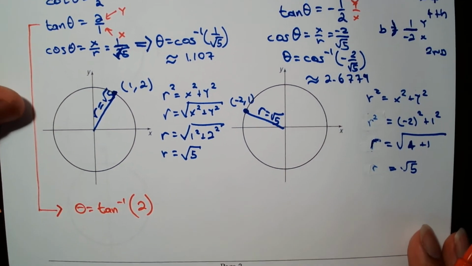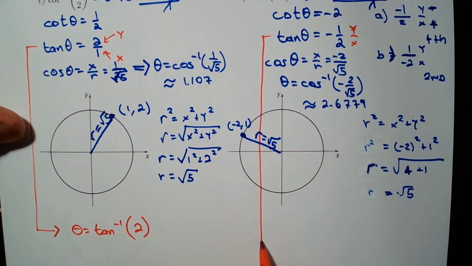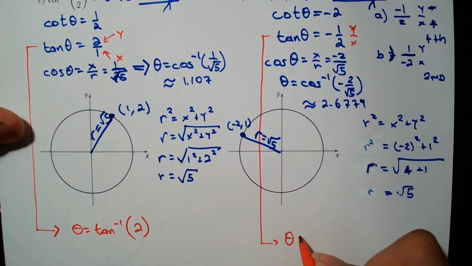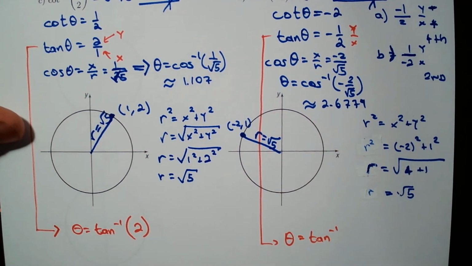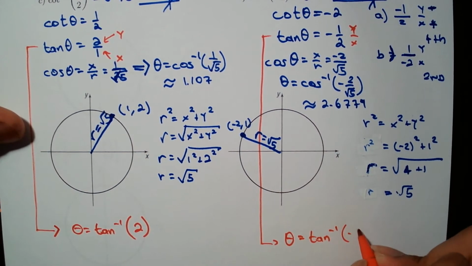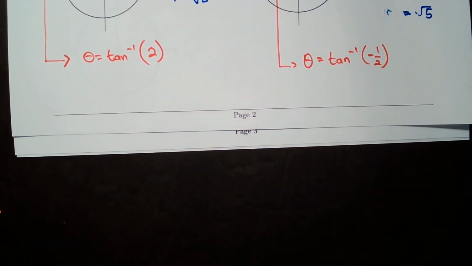And if you take it from here for the same one, theta would be inverse tangent of -1/2. All right. Let's see what happens when we do that in the calculator.